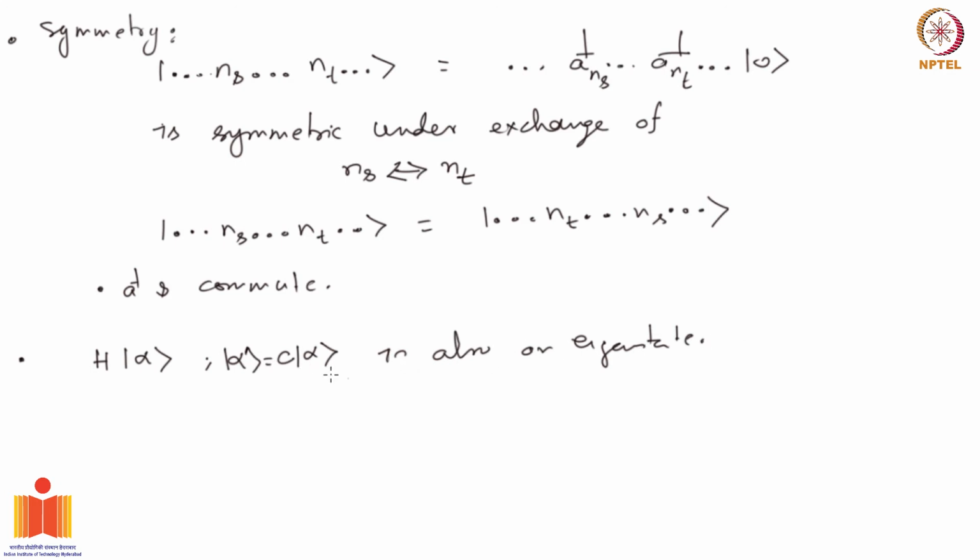So what I have to do is fix C such that this inner product of alpha prime with itself is 1. Okay, that is, when you do this, you say that these states are normalized. So I have to find C such that this happens. Okay, so let's look at normalization now.